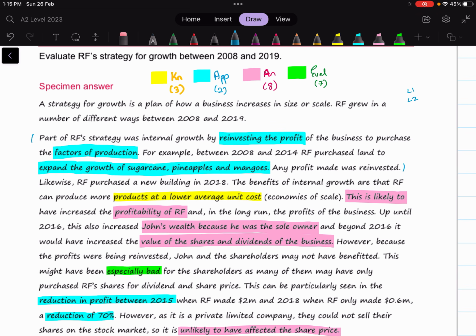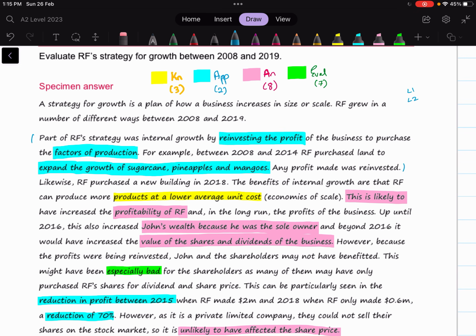So just writing the fact that you reinvested your profits to increase capacity may be a weak link. If the capacity was increased, was there any other benefit that you can find from the case and try to link with that? That might happen in the later part of the answer, but in the first paragraph, this is just a basic restatement of the facts given to you in the case study.